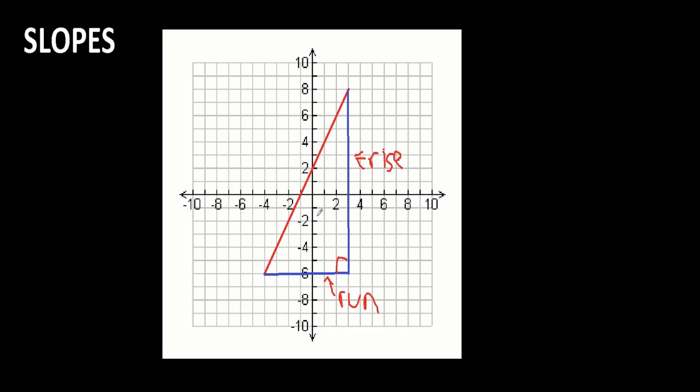So we had our first line segment, and we drew our vertical and horizontal line to construct the right triangle, with the vertical line being the rise and the horizontal line being the run.